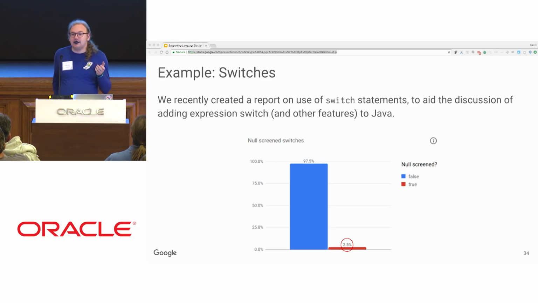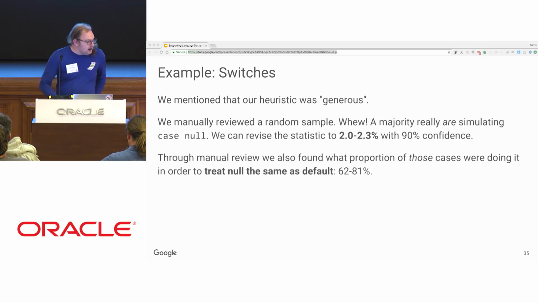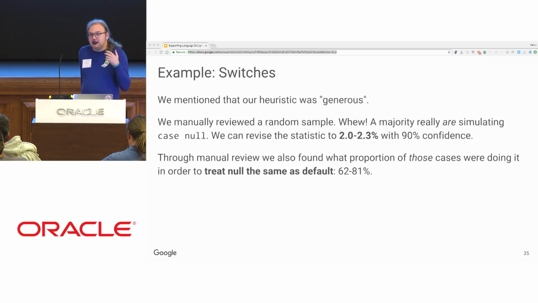So of the null checks near switches, we found about 2.5% of switches checked for null somewhere near where the switch was happening. We also manually looked at that 2.5% and asked, are these people actually doing what they intended to be a case null?